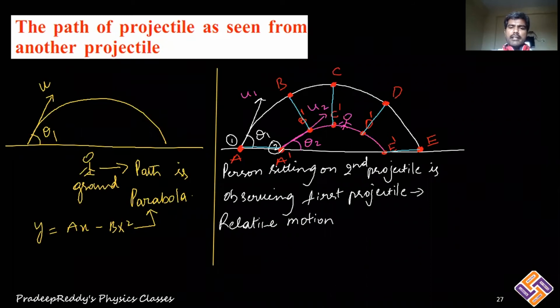As the first projectile is in motion, the second projectile is also displacing relative to the first one. That is the reason why, if you observe the first projectile from the second, it appears as a straight line. See this, it is a straight line. These are all straight lines.